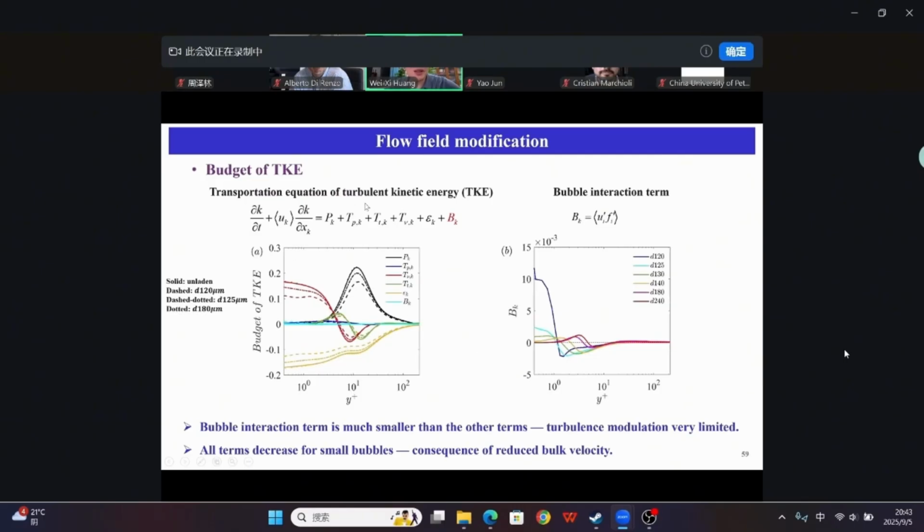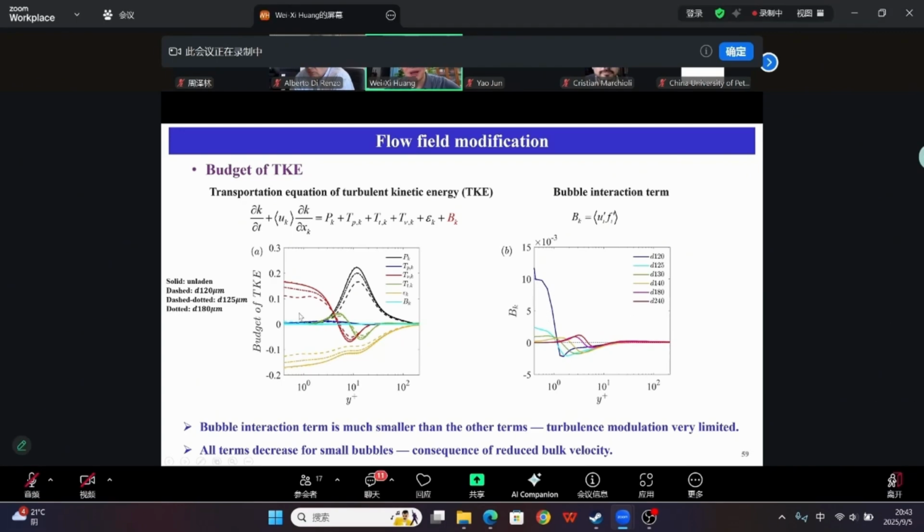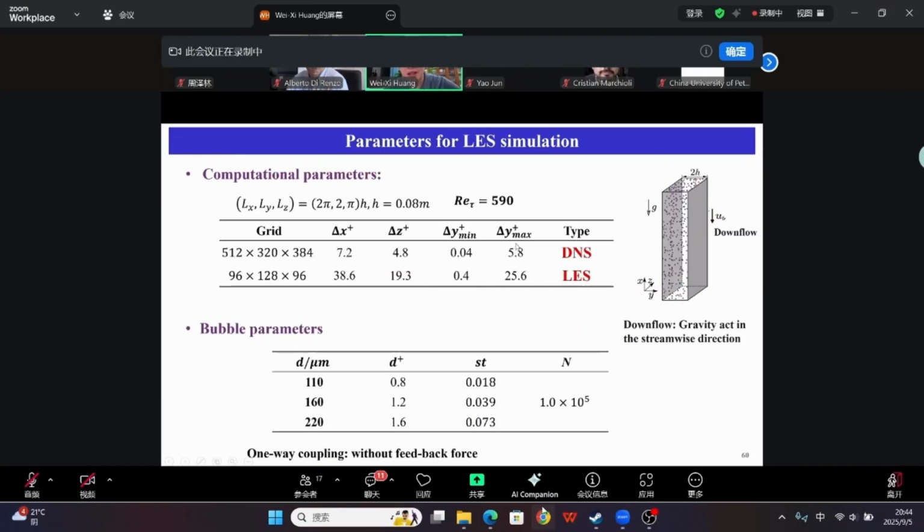And then we check the turbulent kinetic energy. For the small bubble, this is also reduced due to reduced flow velocity. But the work done by the bubbles on the flow field, the BK, is very small. For the small bubble it's a little bit higher, but compared with other terms, it's still small.